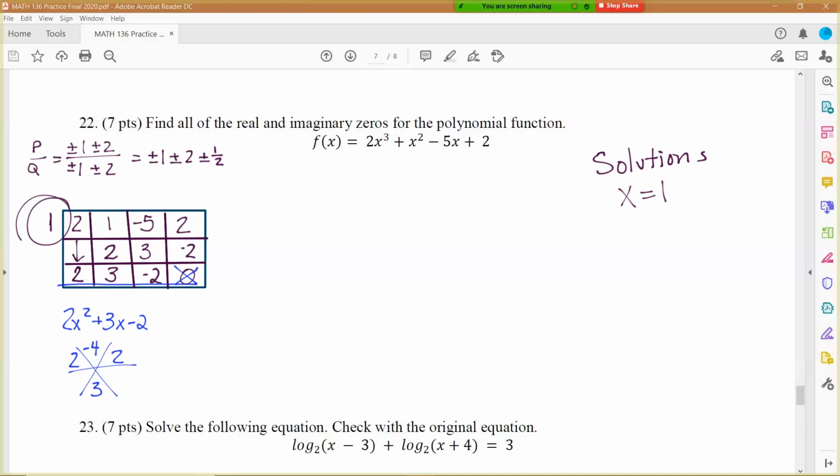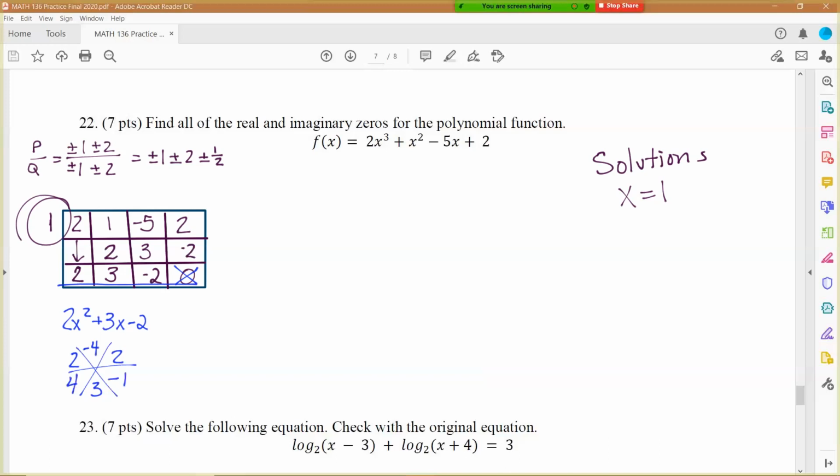Because you're going to multiply a times c. First times last. Oh, yeah. You're right. So make sure for that top middle, you're going to multiply 2 times negative 2. It's always a times c. And then we're looking for 2 numbers that multiply to give us negative 4, but add to give us 3. 4 and negative 1 is perfect.